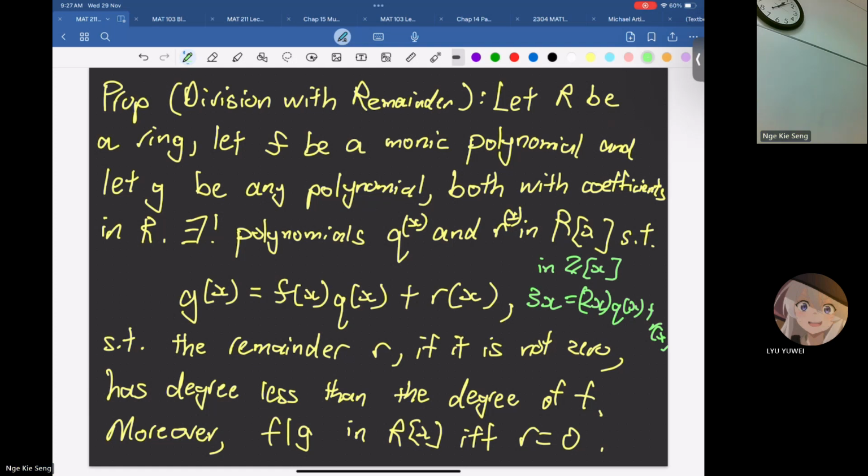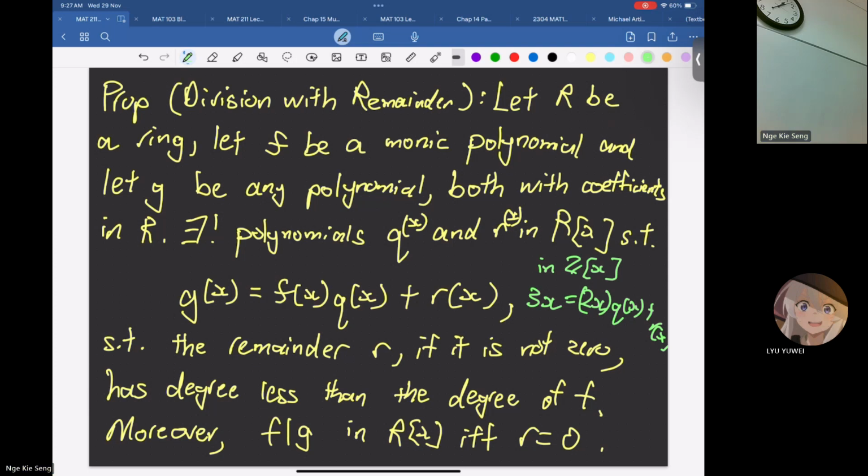Sorry, Q(x) plus x, what do you mean? Q(x) is 1 and R(x) is x? Because our remainder has to have degree less than the degree of F. So this remainder must be something smaller in degree.